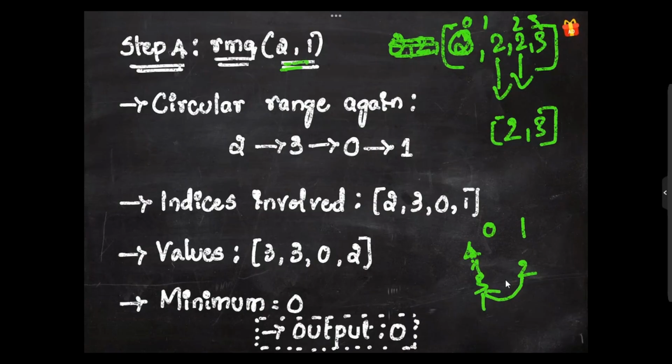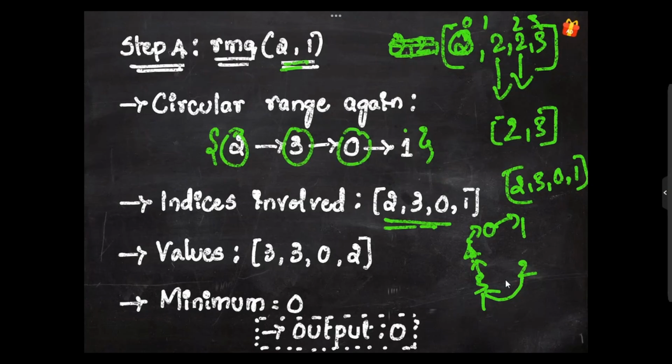So 2, 3, 4, 0, 1. Right? So 4 we have already considered, so we will be going with 2, 3, 0, 1. So this will be 2, 3, 0 and 1. The indices involved are 2, 3, 0, 1. Here we have to consider the values at indices 2, 3, 0 and 1.